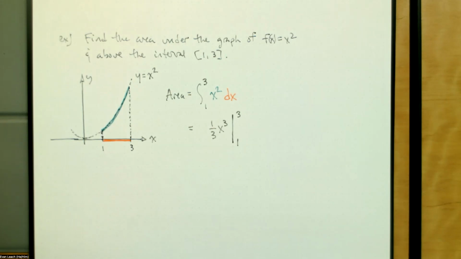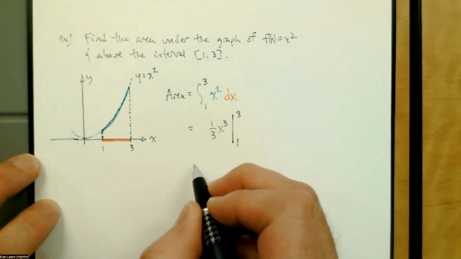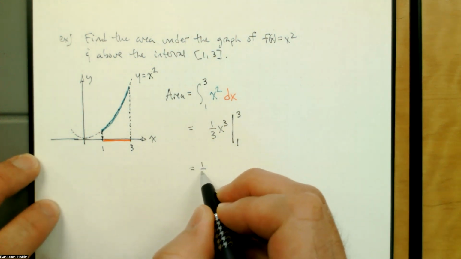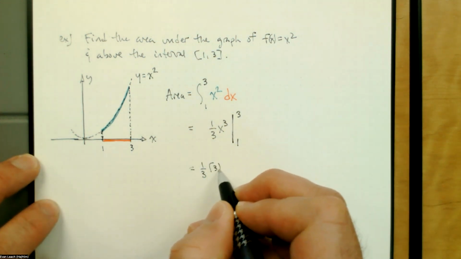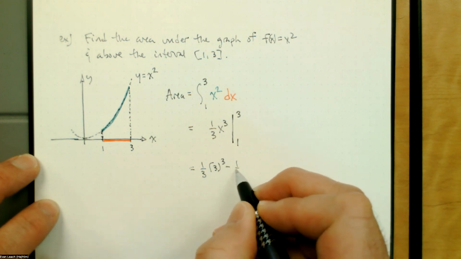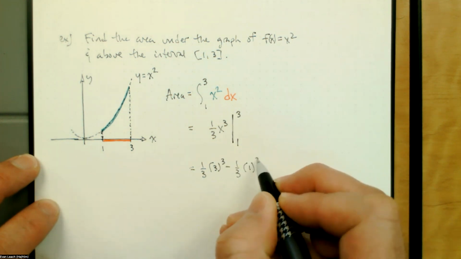It's like one of those old credit card machines that none of you are old enough to have seen, so never mind. So this is notation for just plug in 3, then plug in 1, and subtract the results. So there's notation for taking 1/3 times 3 cubed minus 1/3 times 1 cubed.